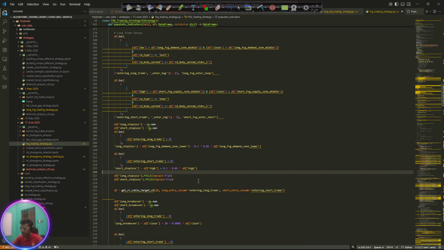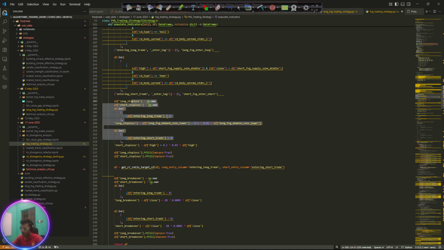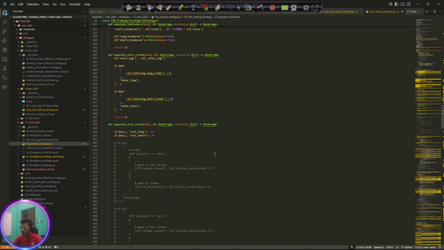Okay, so we got that. See, this is where we are putting the stop loss. So long stop loss is my FVG demand lower zone. In this one, it's gonna be short FVG supply zone upper. Okay, but yeah, so that's done.